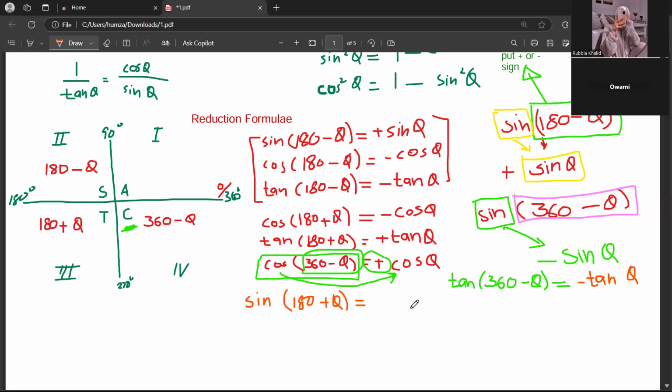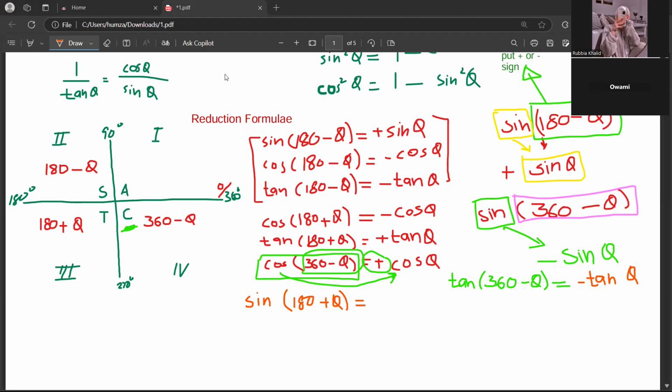Sine 180 plus theta. I know you can do it. You got tan 360 minus theta correct. That is equal to minus tan theta.